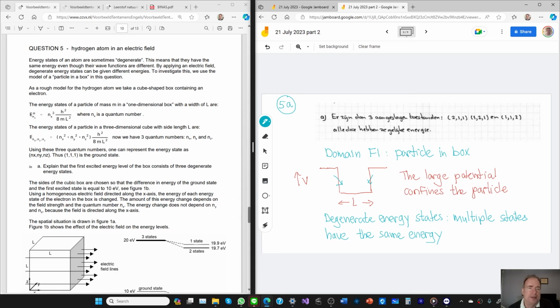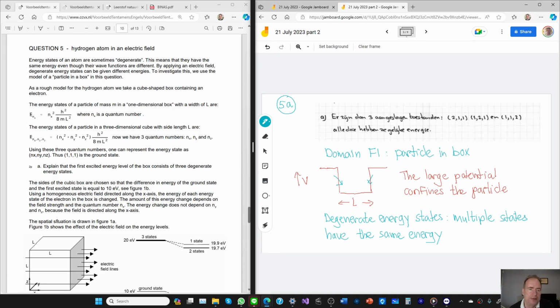Although I think you might not need to remember it, but you need to understand a little bit the principle behind it. So now they just say instead of a one-dimensional box, we have a three-dimensional cube with length L. Then they just state here what are the energy levels.